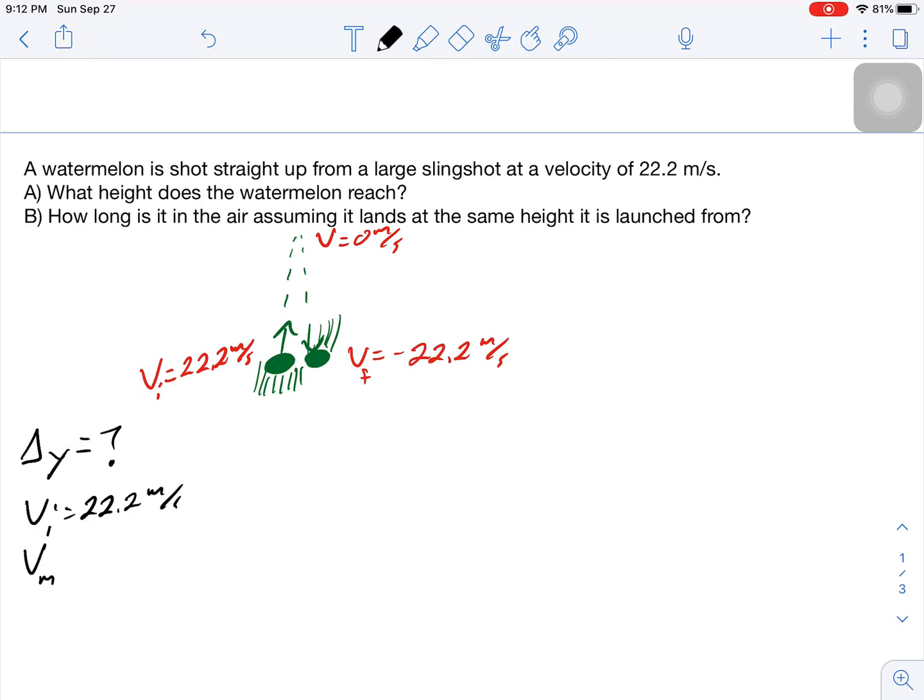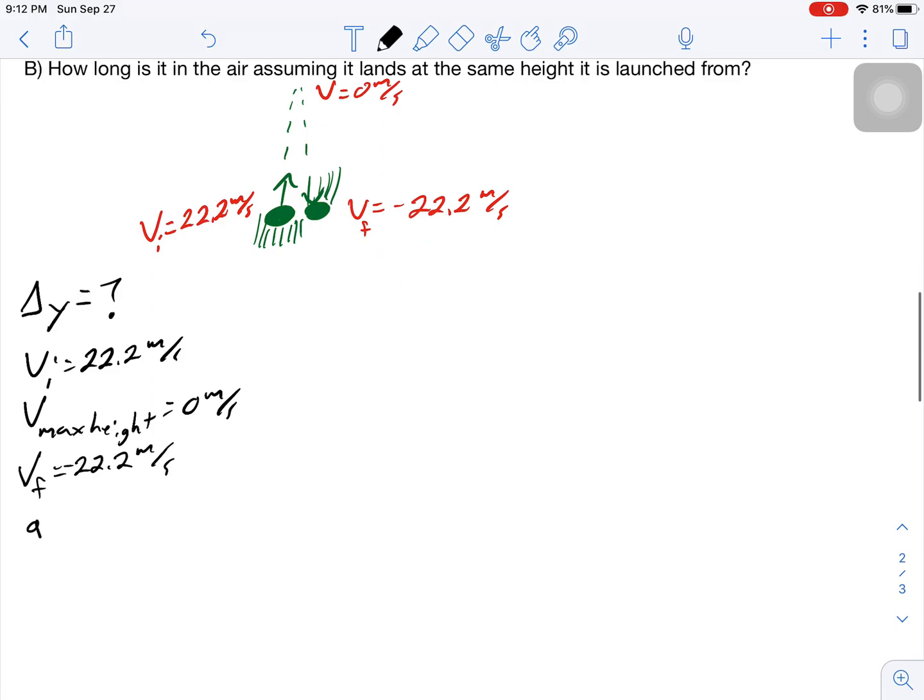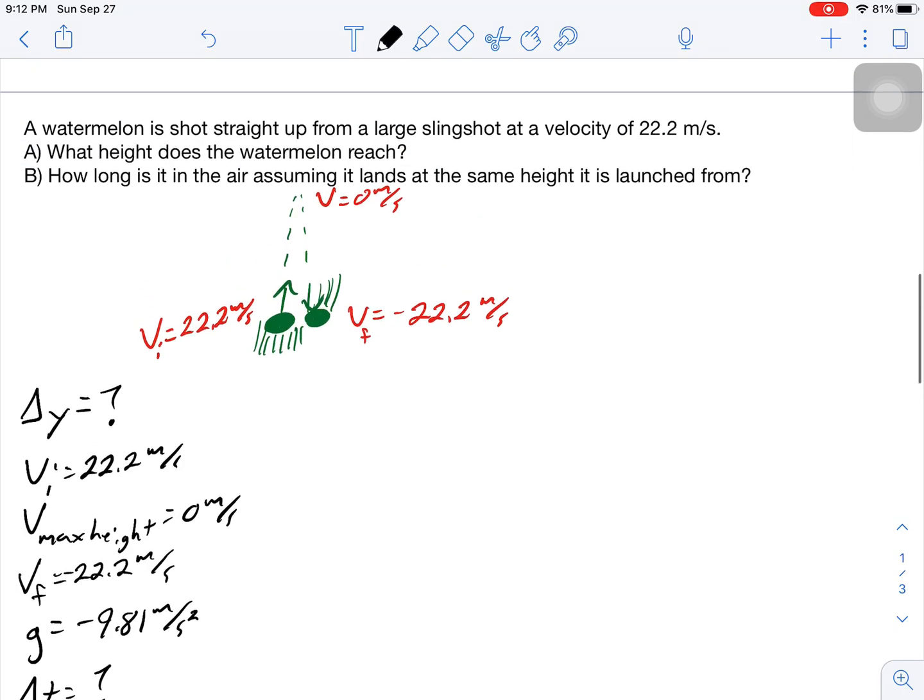We know the velocity at the max height is 0 meters per second. We know the final velocity as it's getting back to the bottom is negative 22.2 meters per second. Because we're in free fall, g is negative 9.81 meters per second squared, and delta t is what we're solving for in the second one.